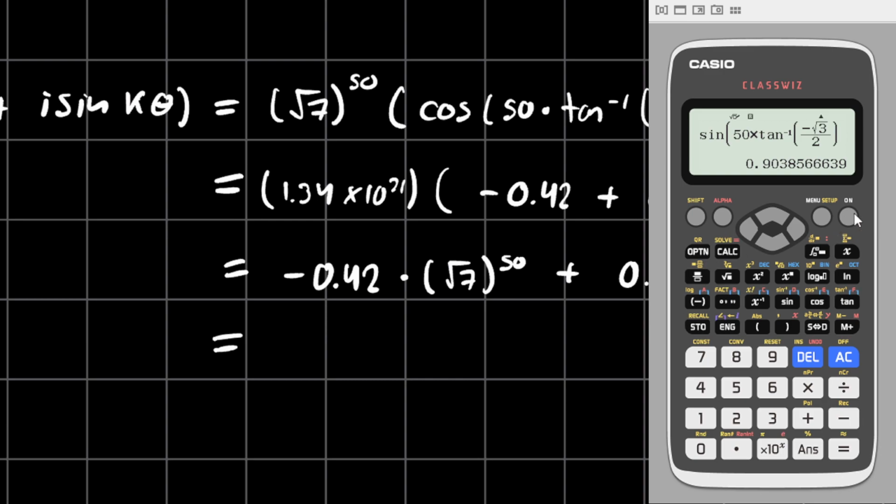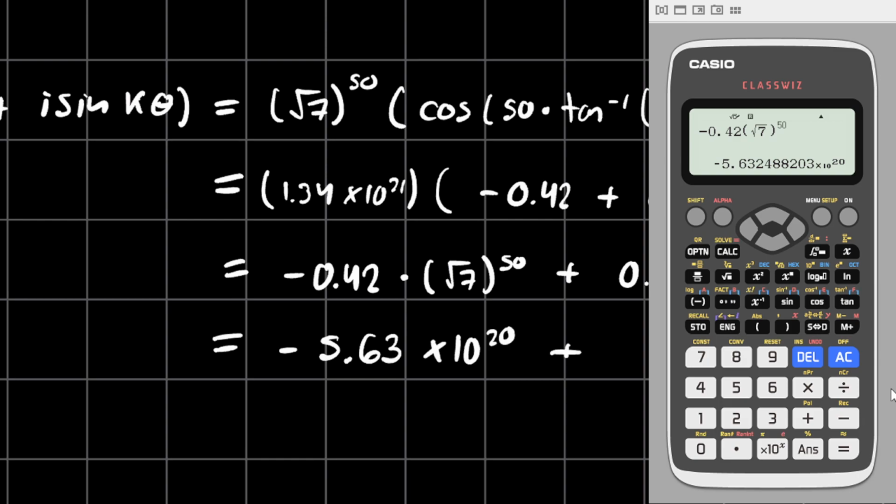Let's just clear this out. It's taking longer than expected because I'm just messing things up, you guys. Square root of 7 to the 50th power. That's gonna be basically minus 5.63 times 10 to the 20th power plus, and then we do the same thing with 0.9903.